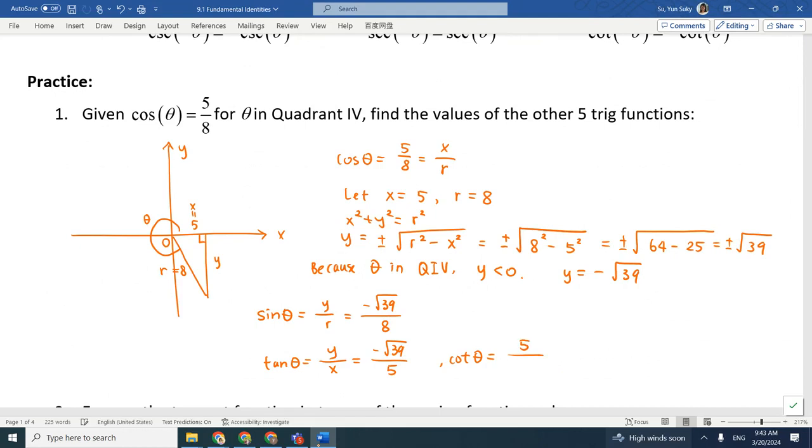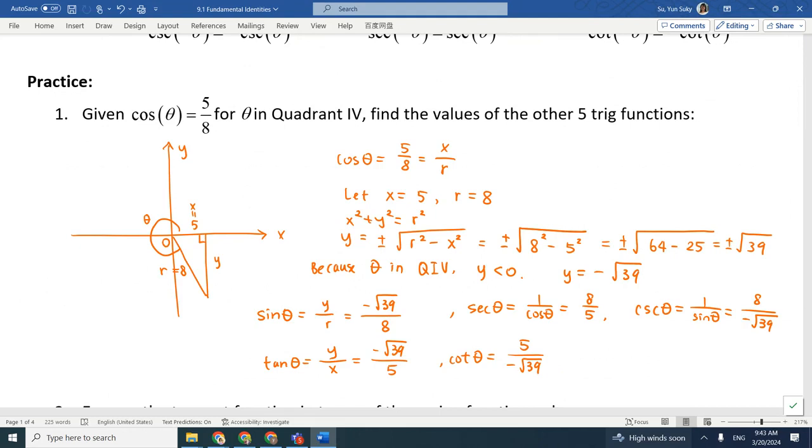So we get 5 over negative square root of 39. And then what is secant? Yeah, secant is 1 over cosine. So it's 8 over 5. Okay. And cosecant is reciprocal of sine. So 8 over negative square root of 39.